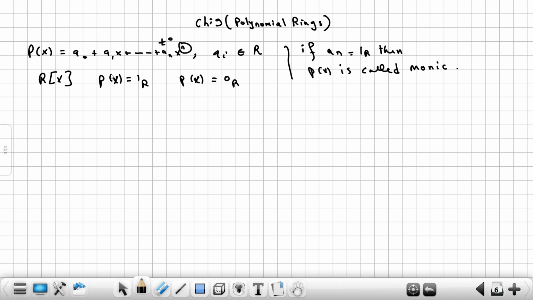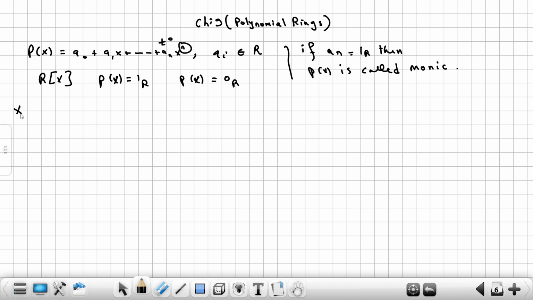Okay, so I will not prove that R of x is a ring under the usual addition and multiplication of polynomials that we know from high school. You can do it as an exercise.